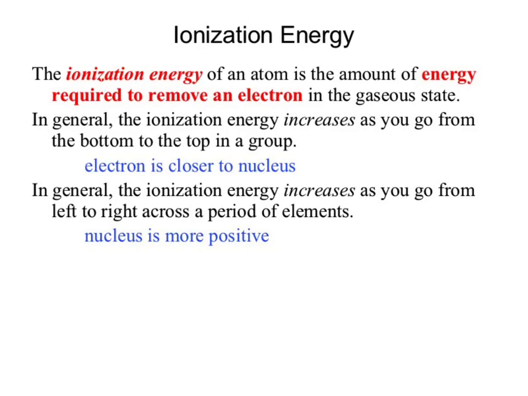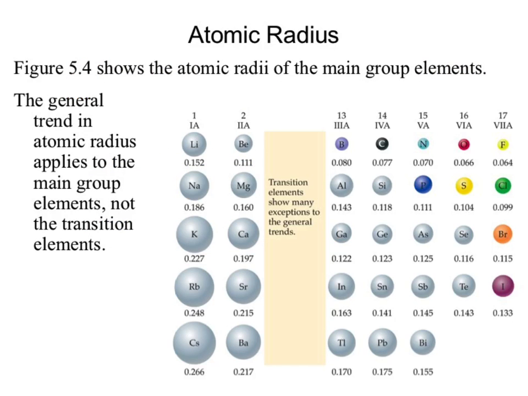Right? If we look at ionization energy from left to right on the period, we also notice it increase. Why would that be the case? And don't tell me the nucleus is more positive. That's a stupid thing to say. That's my fault. Where's the electron, the outermost electron, as we go left to right on a period? What happened to the size?